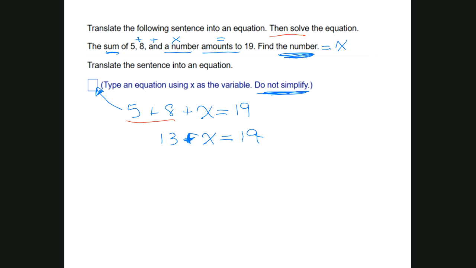All right, next we need to get x by itself, so I'm going to take that 13 and bring it over to the opposite side by subtracting 13. And x is equal to 6. So the solution would be x equals 6.